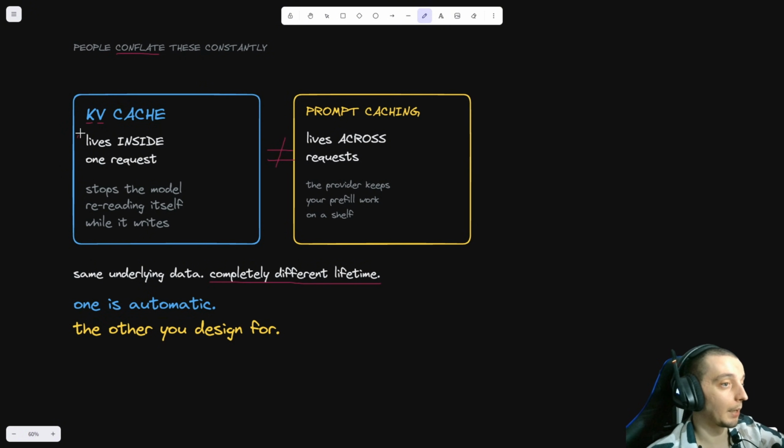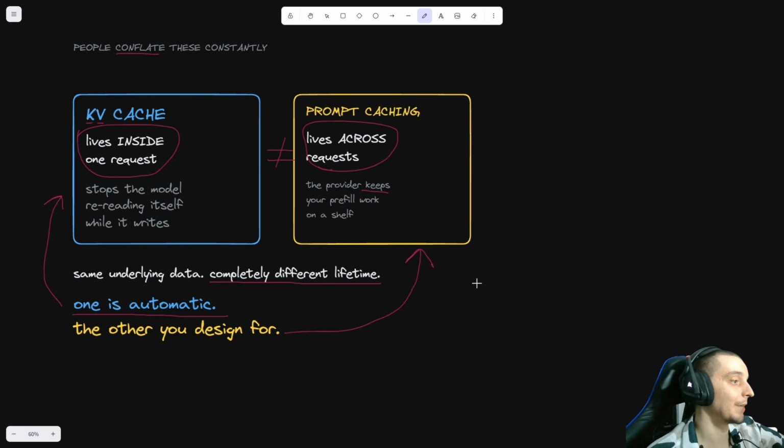Because the KV cache lives inside one request only, while prompt caching, as a technique, lives across different requests. This is when the provider just stores this cache for you. Now, the second difference is that one of them is automatic, but the other one you can actually design for.